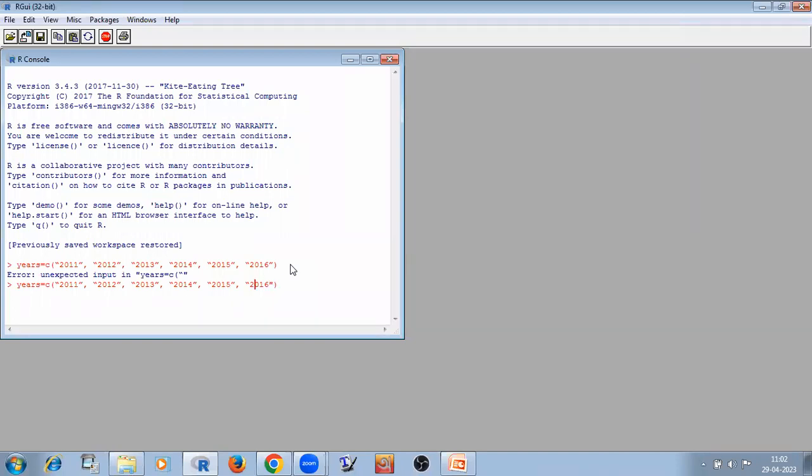These are not valid in R, so this is an inverted comma. I don't know why this is coming differently here, so I have to change this one. We are using inverted commas and then it will come correctly.